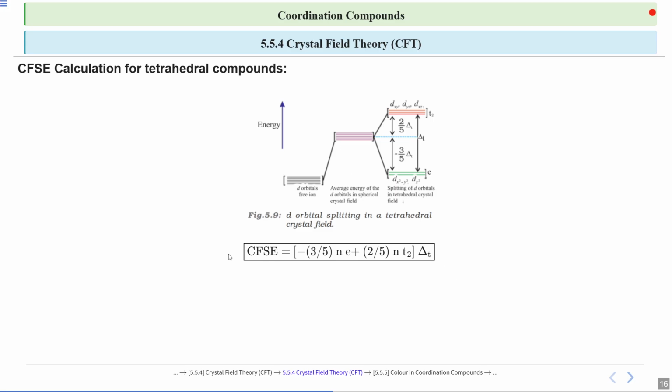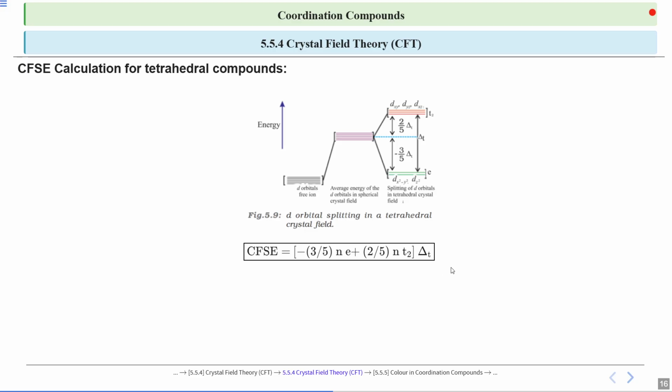Here the CFSE is given by only this formula, where Ne represents the number of electrons in the E set, and Nt2 represents the number of electrons present in the T2 set.